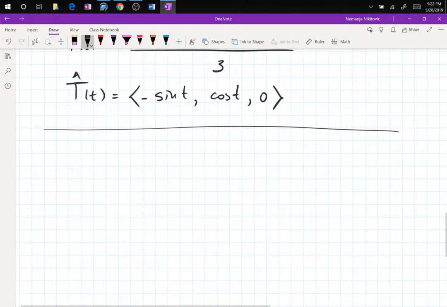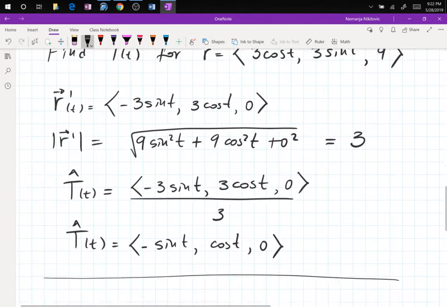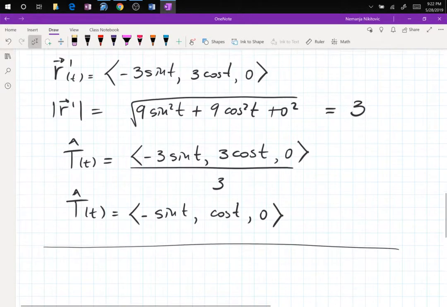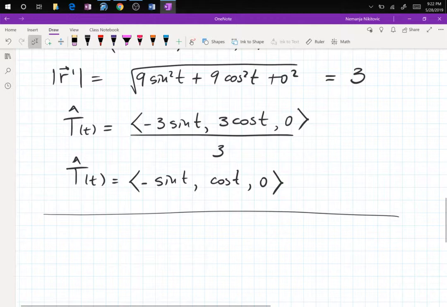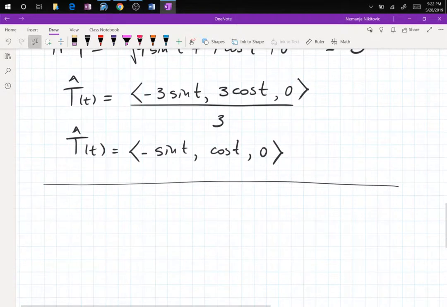So the unit tangent vector will give you the direction of the tangent line to the curve. See, when you are in space, you have some kind of space curve.